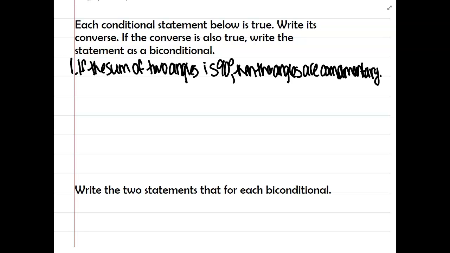Okay, so they tell me that this is true, which the sum of two angles is 90. Yeah, they're complementary, right? It means that they are 90.